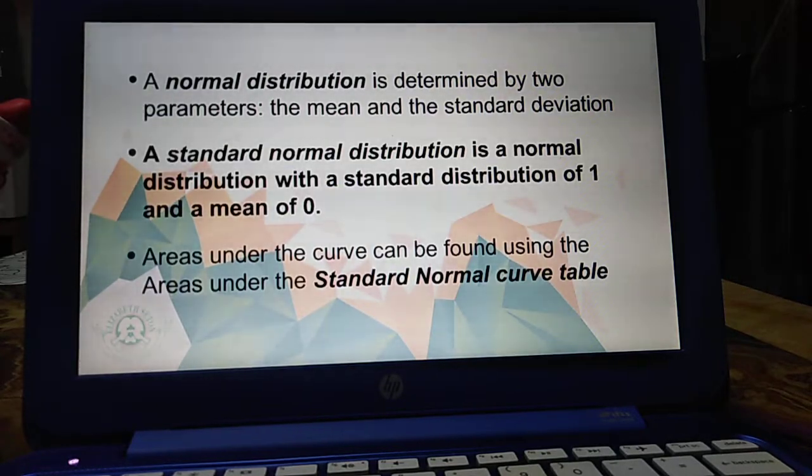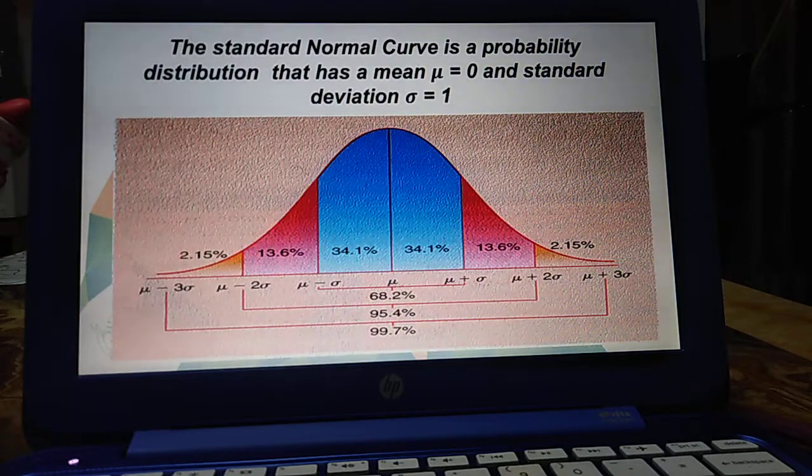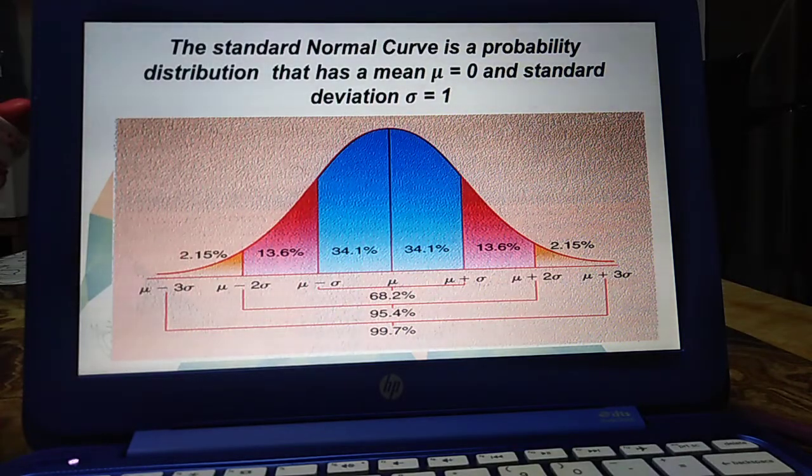So the standard normal distribution is a normal distribution with a standard deviation of 1 and a mean of 0. The areas under the curve can be found using the areas under the standard normal curve table, better known as the z-table.